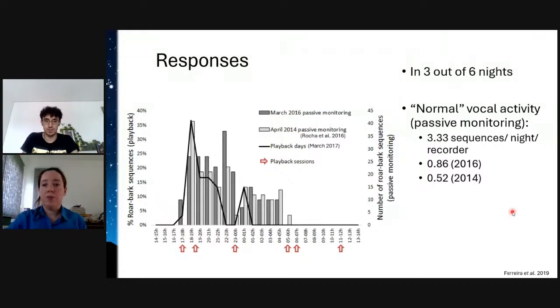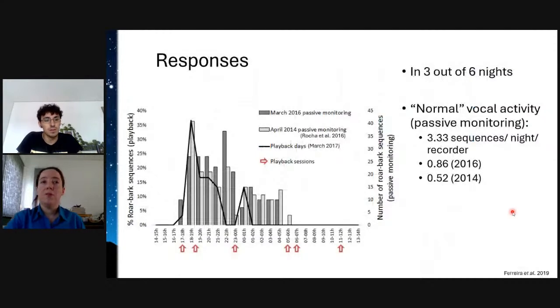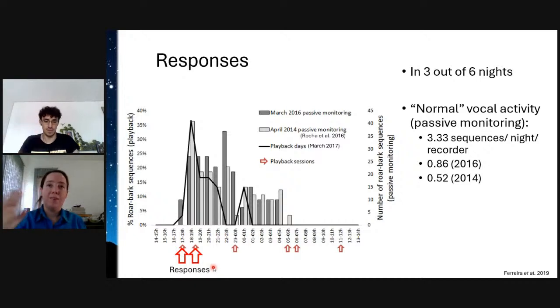We haven't answered the matter of the dusk, but we have some very interesting findings regarding the behavioral response maned wolves had to our playback. We conducted it at different hours of the day, and we had many responses, but only near dusk.